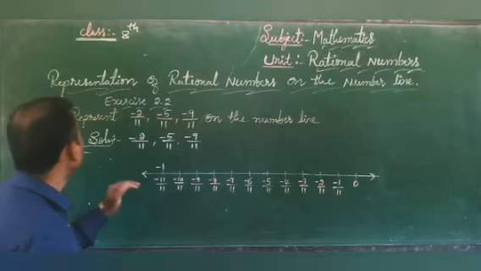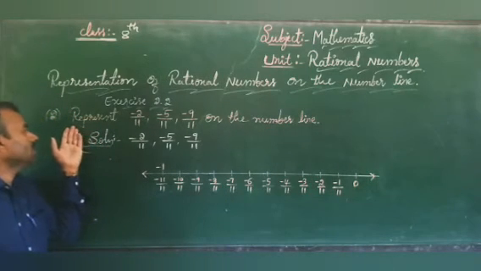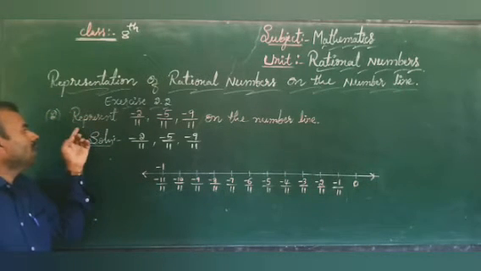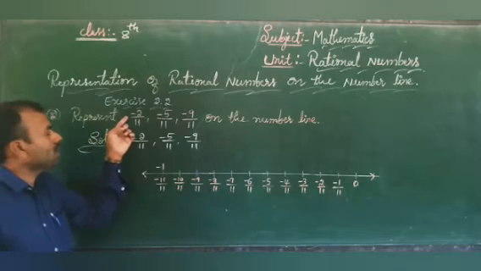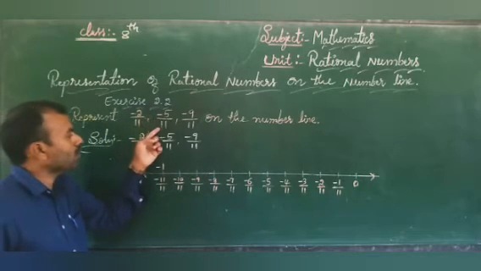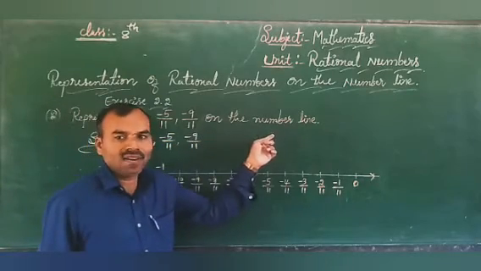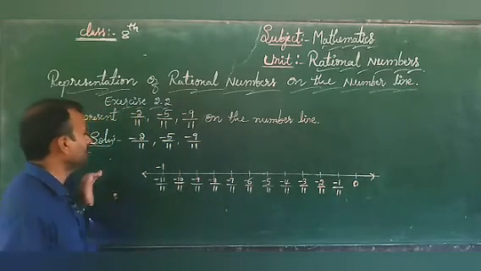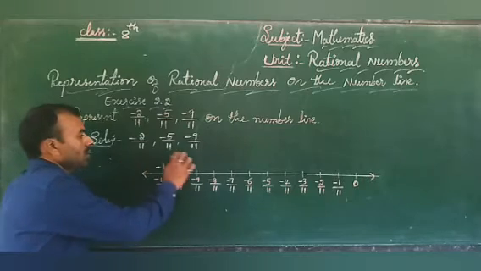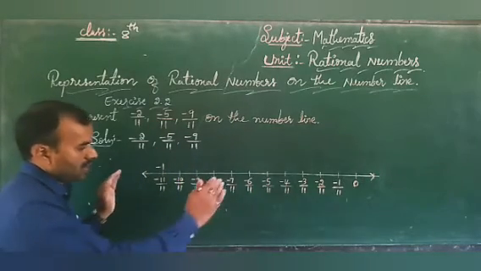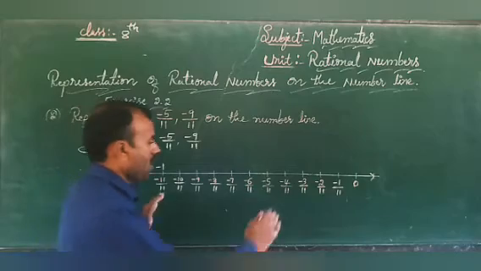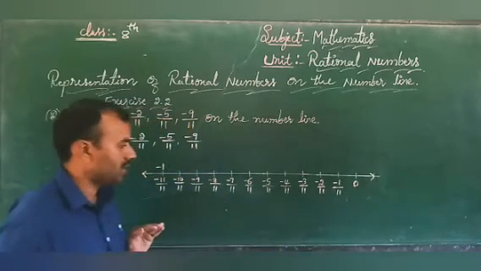Dear students, now we take the second one. Represent minus 2 by 11, minus 5 by 11 and minus 9 by 11 on the number line. Just take the solution. I write the 3 numbers, and I have already taken a number line.